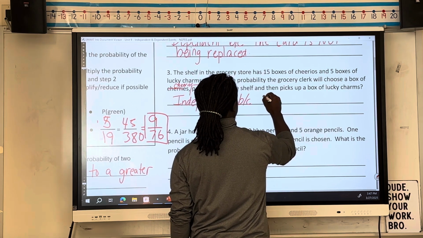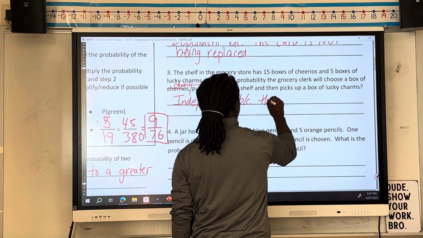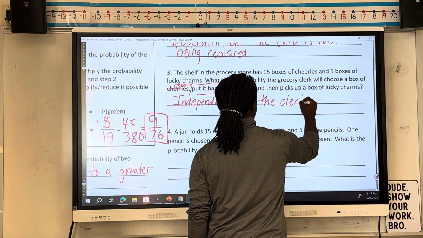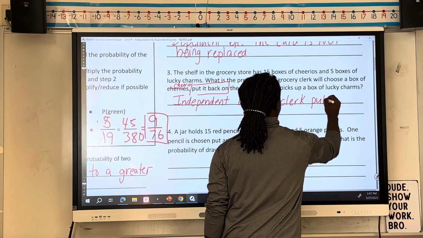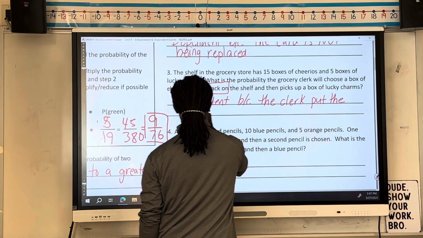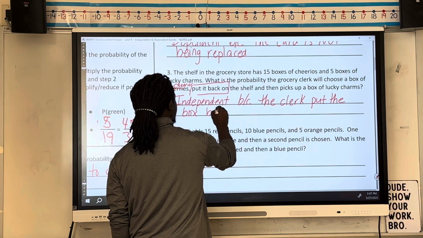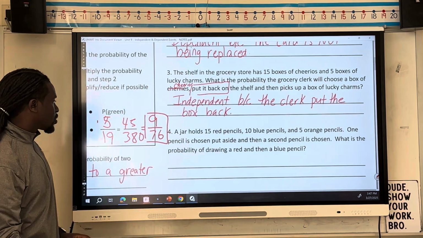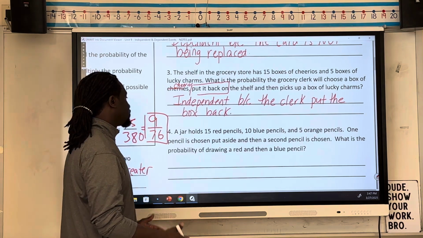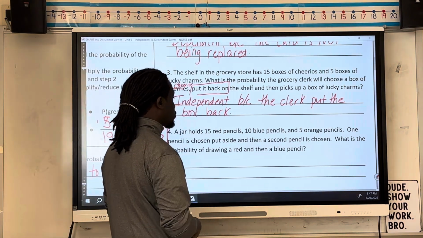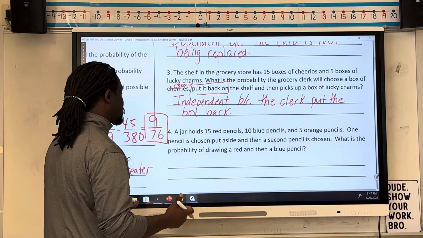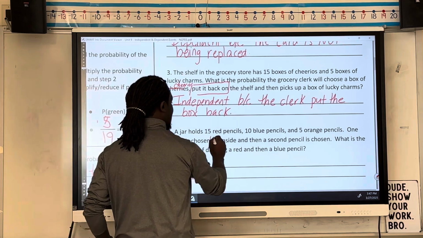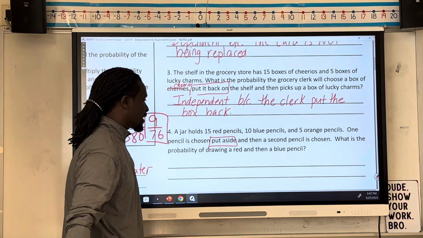This is independent because the clerk put the box back. All right, and then lastly, a jar holds 15 red pens, 10 blue, and then 5 orange pencils. 1 pencil is chosen, it is put aside, and then a second one is chosen.